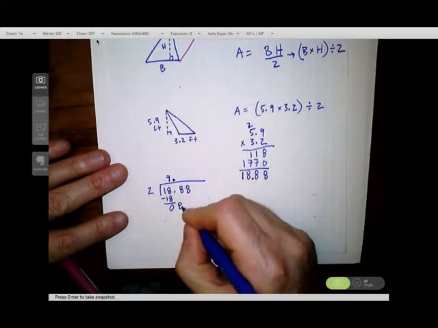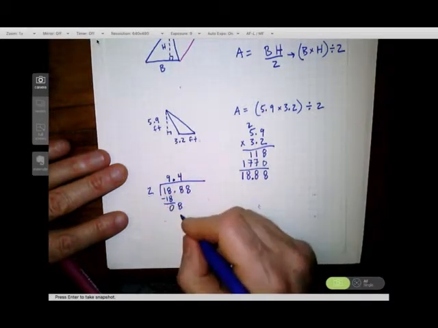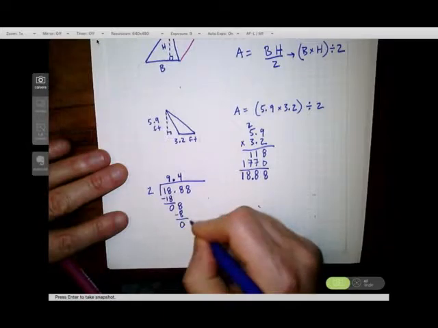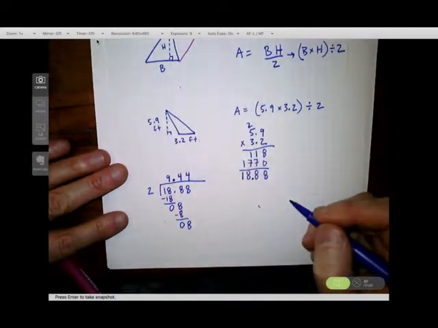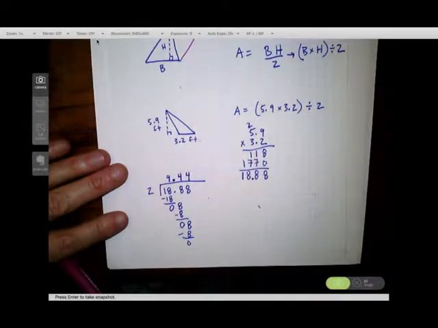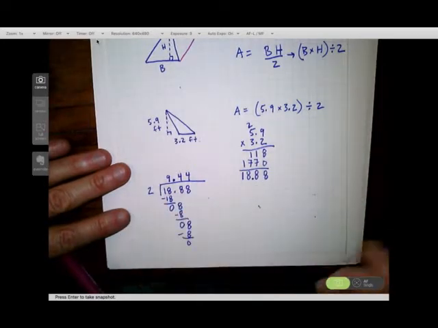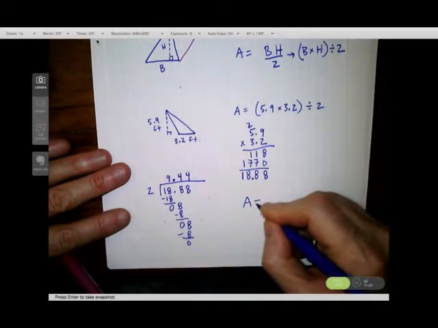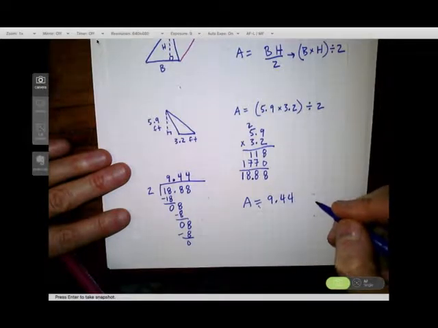Drop down the 8. 2 goes into 8 4 times. So 4 times 2 is 8, subtract 0, drop down this 8, and 2 goes into 8 another 4 times. And I'll just finish that off there. So I'm done. Okay, so there's your answer. Base times height, divide that by 2. So the area equals 9.44, and again we need to use square units.